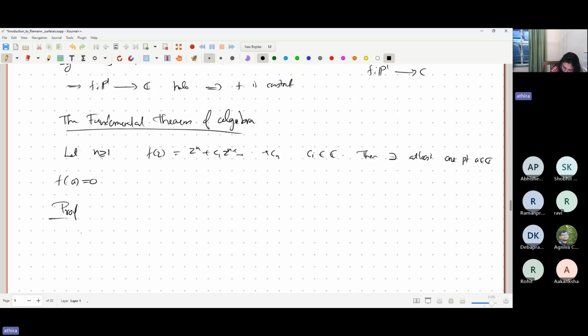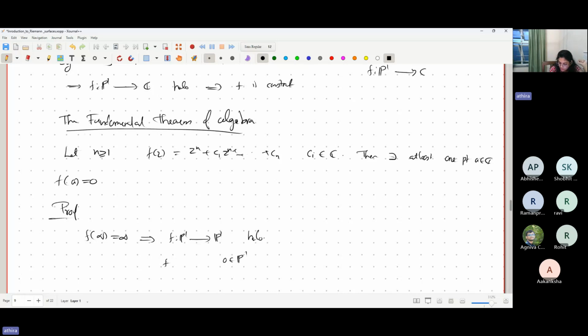By defining f at infinity equal to infinity, we get a holomorphic map from P1 to P1. We showed in the previous result that a holomorphic map on a compact surface is surjective. So for 0 in P1, which has an inverse image, there exists a in C such that f of a is 0. f is surjective, as we have already shown.